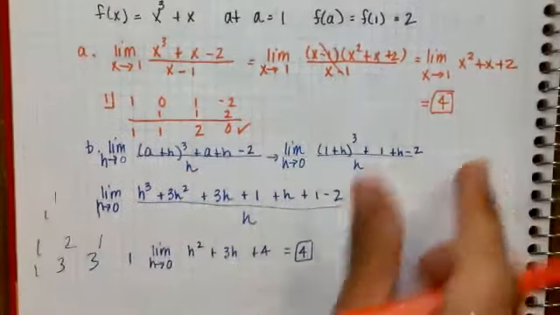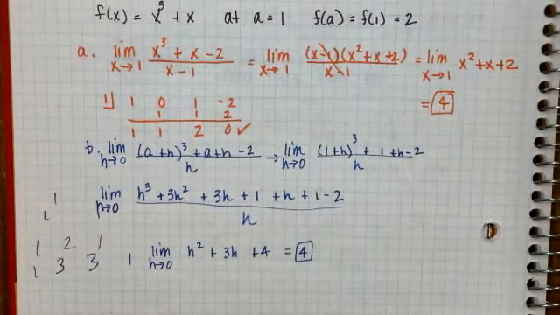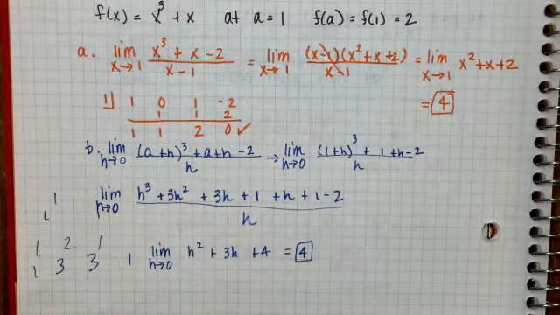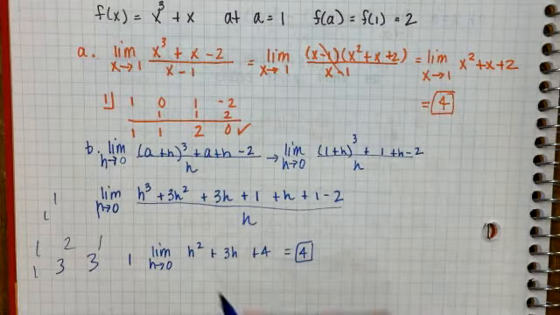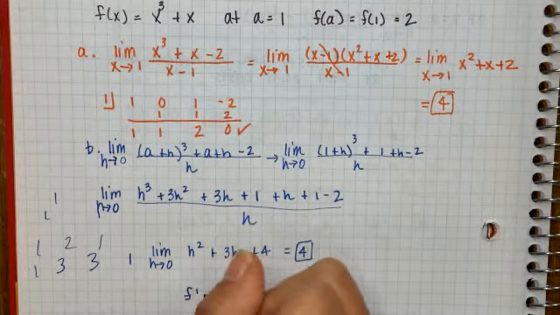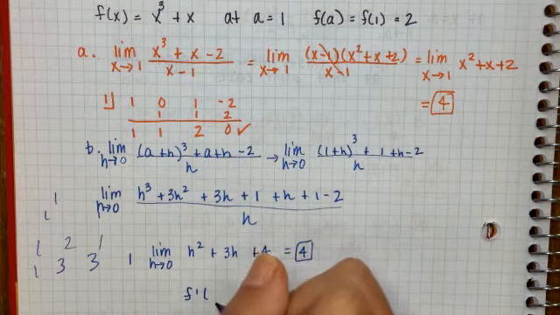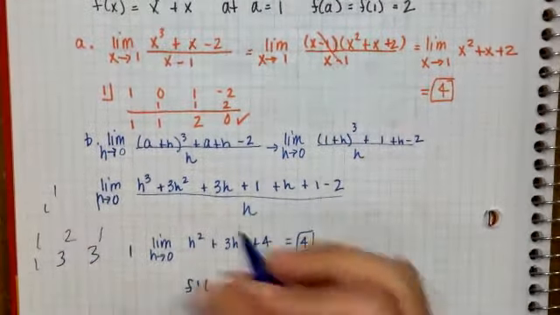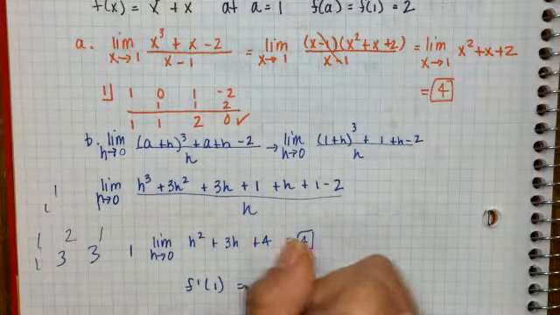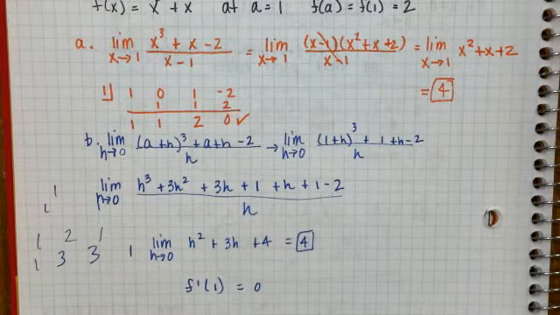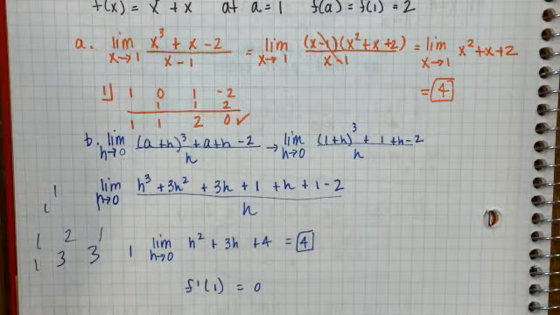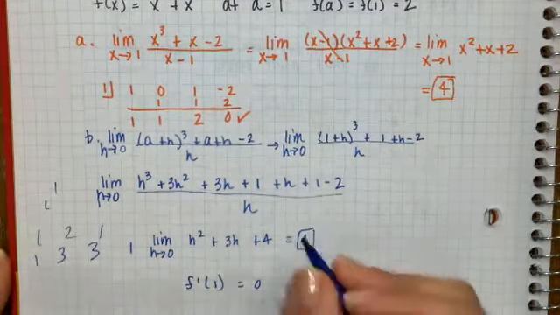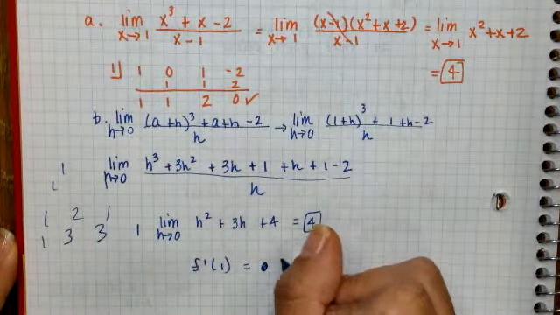So it doesn't matter which definition you use, the derivative of this function at the point. So we say f prime of 1 is equal to 4.